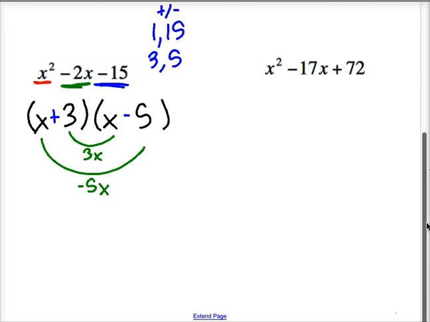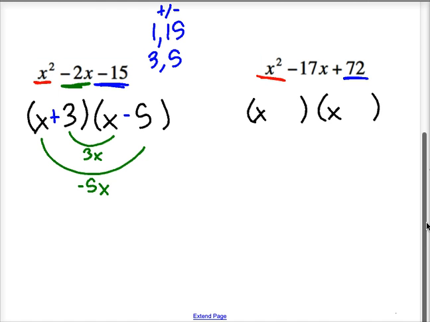All right, last example for this note. Again, that x squared comes from x and x. 72, that takes quite a bit of searching. I don't think you guys would recognize all of these off the top of your head.